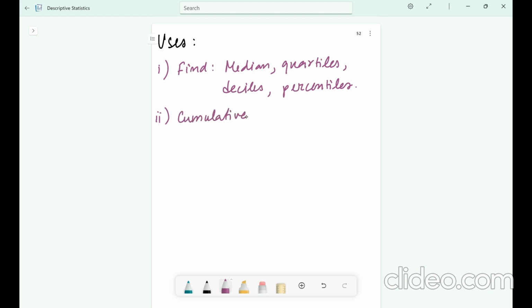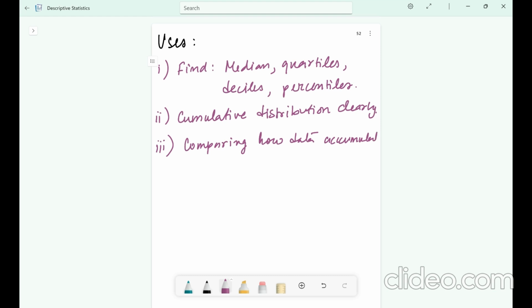Number three, it is great for comparing how data accumulates step by step.